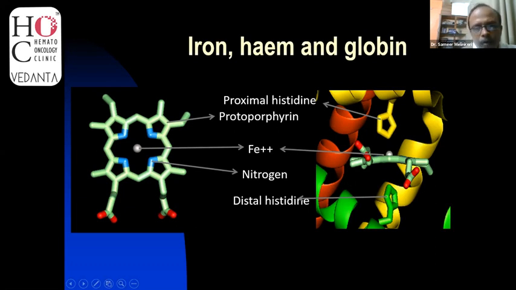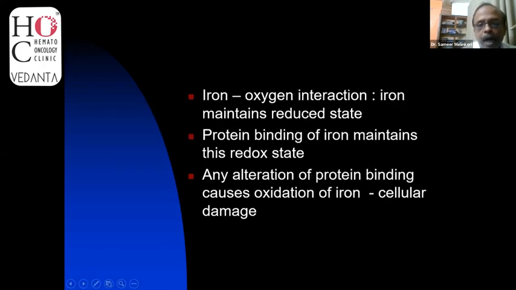There are some nitrogen molecules here, and this particular structure is quite important to prevent oxidation of the iron. So in the iron-oxygen interaction, iron is maintained in the reduced state. The protein binding of iron maintains this redox state, and any alteration of the protein binding causes oxidation of iron, and that leads to cellular damage.